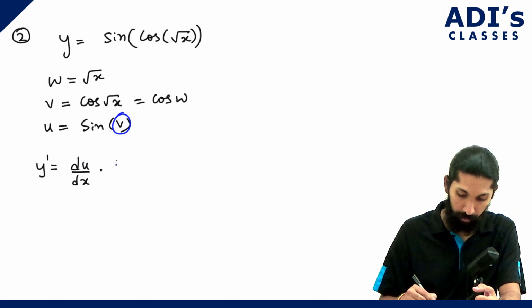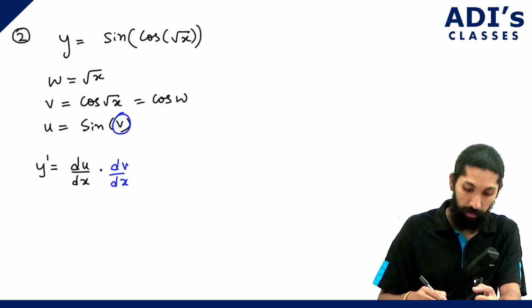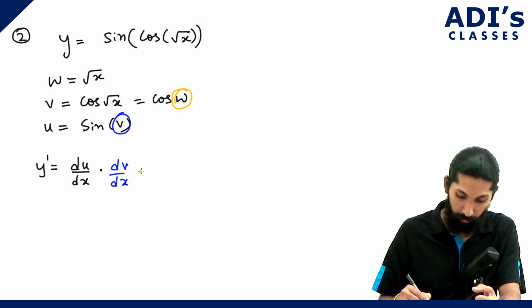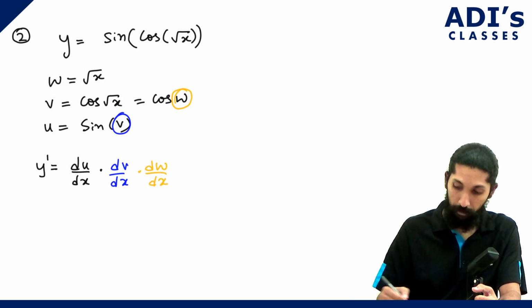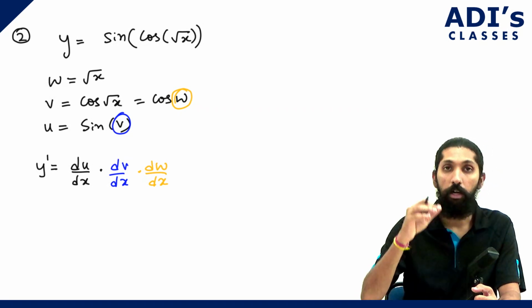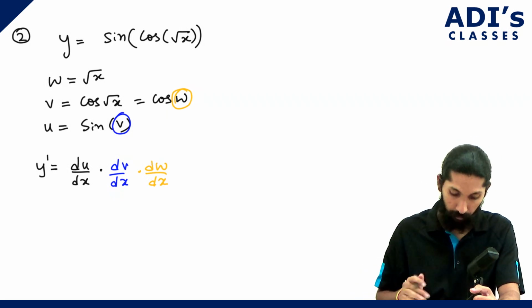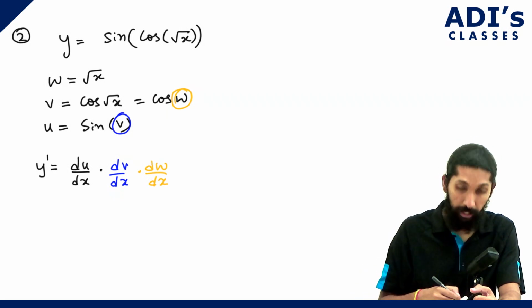So into dv by dx. But v is a function of w, isn't it? So into dw divided by dx. So we take three functions and differentiate the three functions individually. All right. So what do we have here?